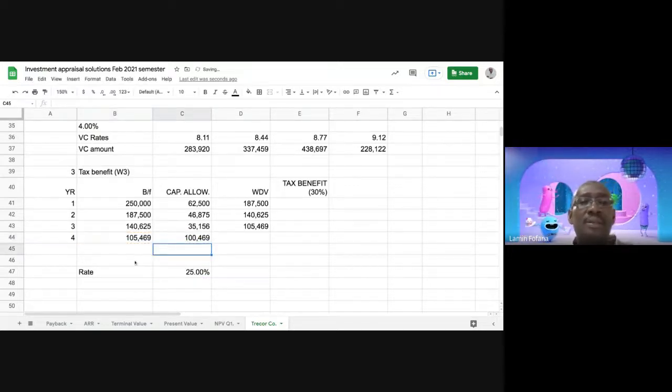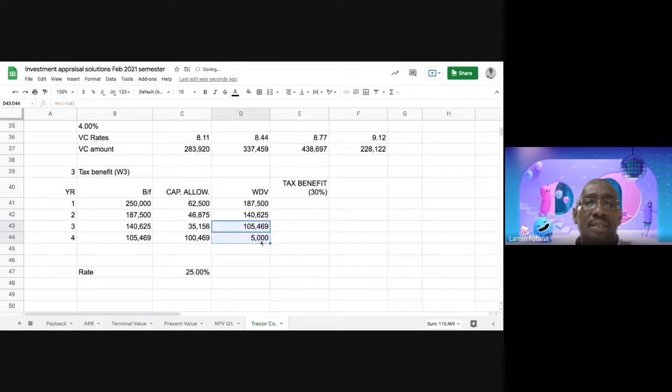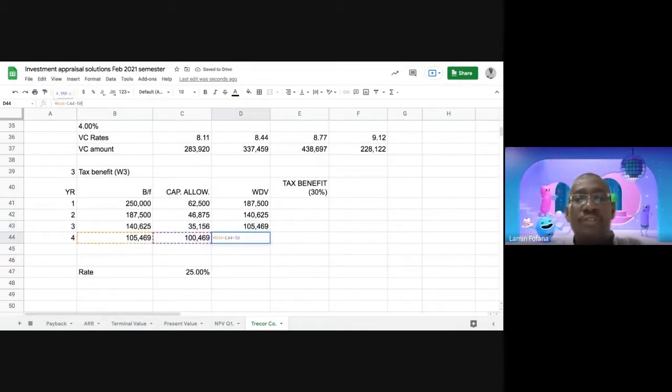We enter. This is the full amount, and if we deduct this, less the 5,000 will give us 0. At the end of year 4, the asset was sold, and as such you cannot have it in your books. That's why the value of the asset in year 4 is 0. Is this clear, everybody?